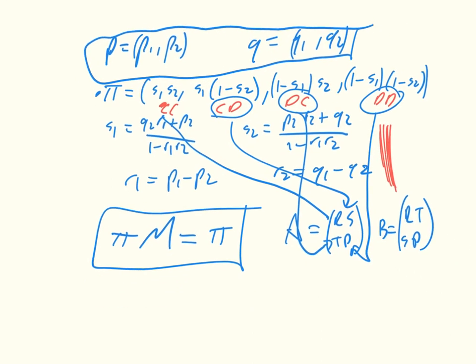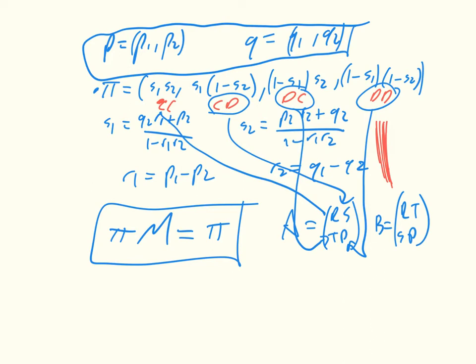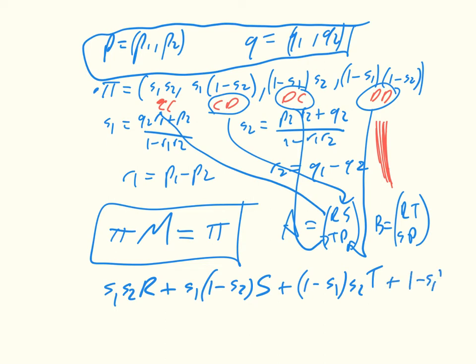So we can write down the utility to the first player simply as S1, S2 times R plus S1, 1 minus S2 times S plus 1 minus S1 times S2 times T plus 1 minus S1 times 1 minus S2 times P. And then all we need to do to obtain the utility of the second player is just swap these around.